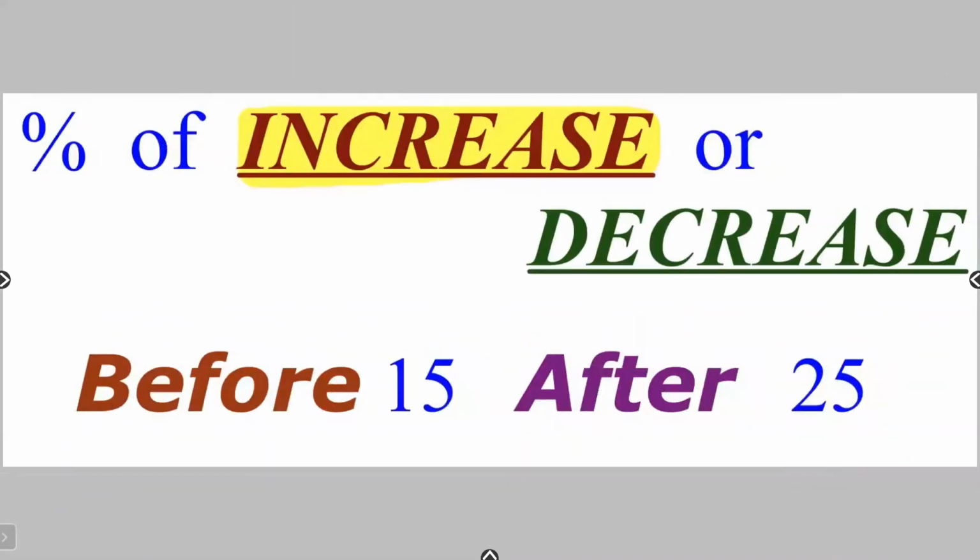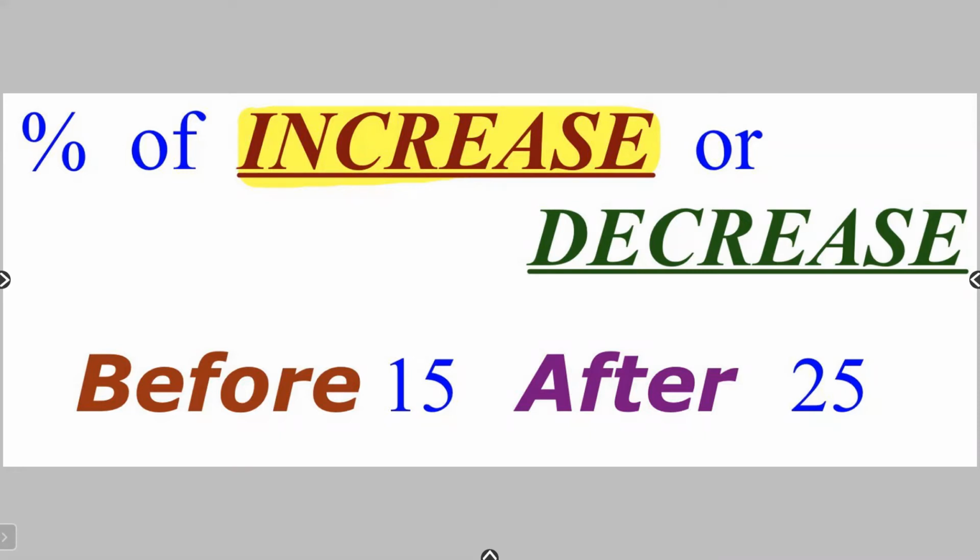So here's another example, very similar to what we just talked about. Except this time, when you look at the before and the after, you clearly see that the before is less than the after. So this is an example of an increase. To do the increase, you do it basically the same way. You build a fraction. The top of the fraction is the difference between these two. 25 take away 15 is going to give you 10.